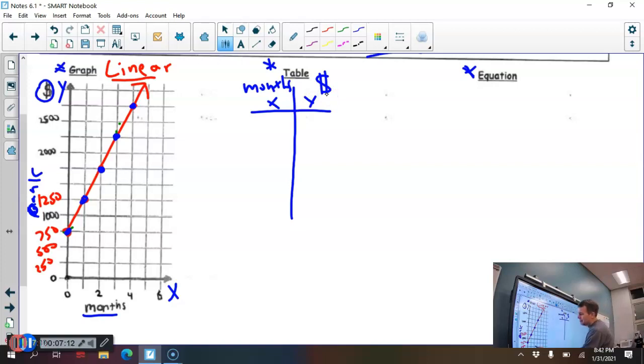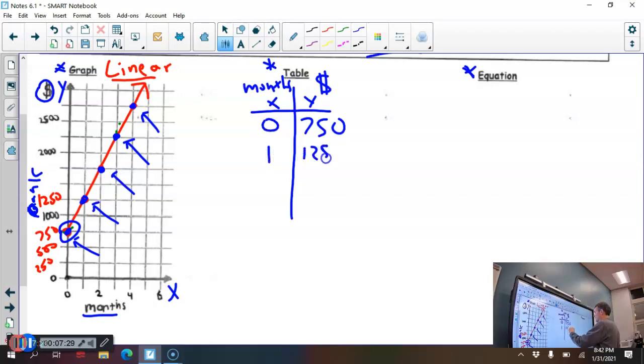If I were to name these 5 ordered pairs, 0, 750 would be my first ordered pair. That's right there. And then I've got 1, and that's 1,250. And then I've got 2, and that's 1,750. And I've got 3, and that's 2,250. And I've got 4, and 4 is at 2,750.